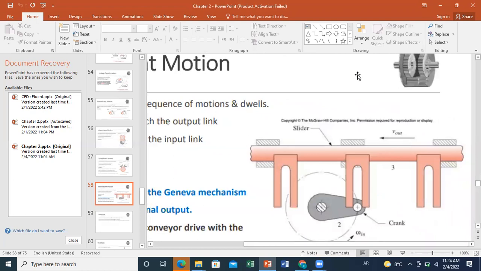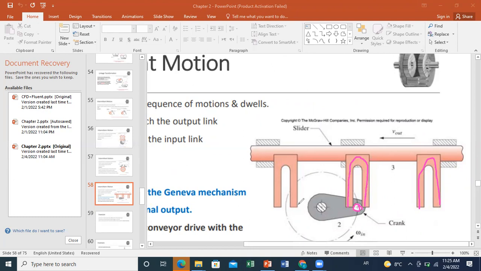I want to produce intermittent translation. To cause the intermittent translation, I will design a certain mechanism connected to slots, and then my crank will be equipped with a point that can move through these slots back and forth.